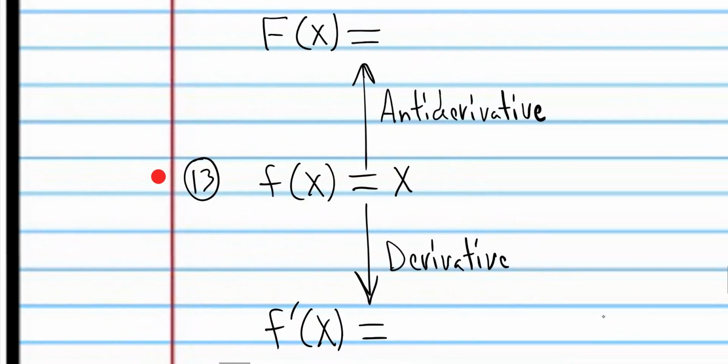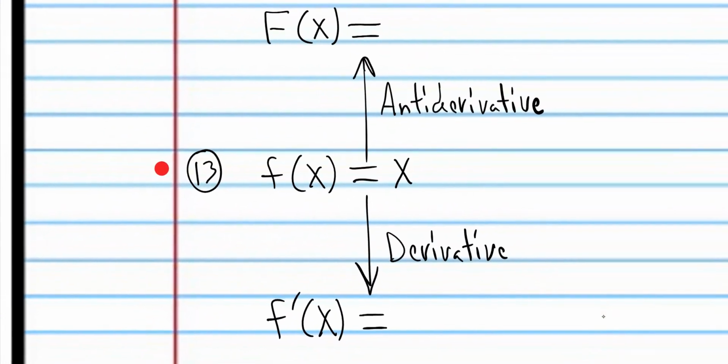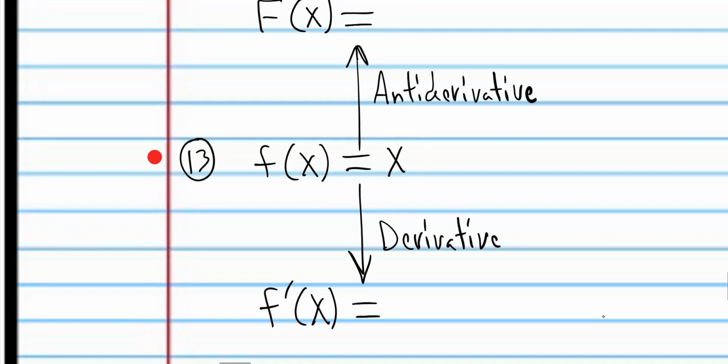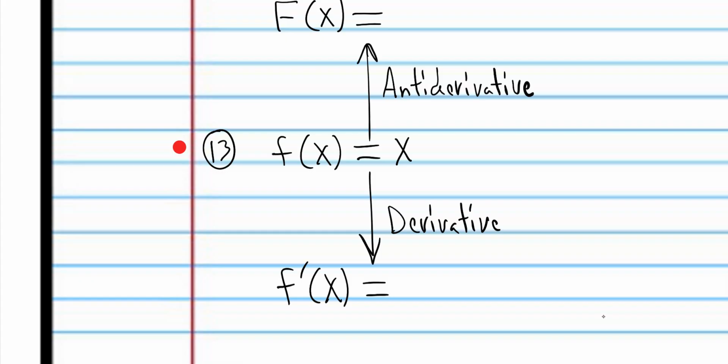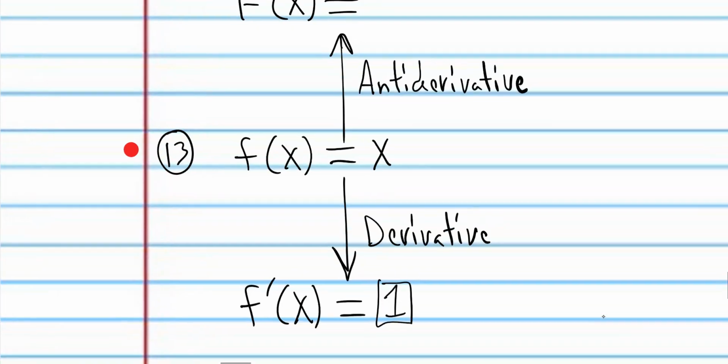Okay, so now let's try this problem together. We have kind of a special function here. It's just x. Now, you know that the derivative of x is just 1. We've covered that quite a few times. I mean, the power is considered to be 1.